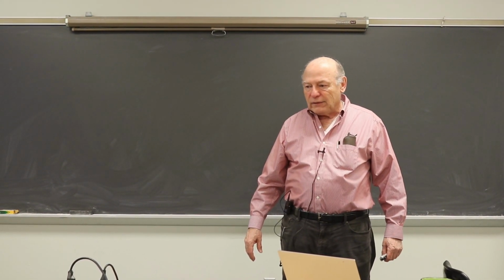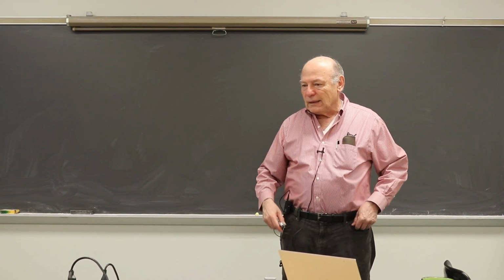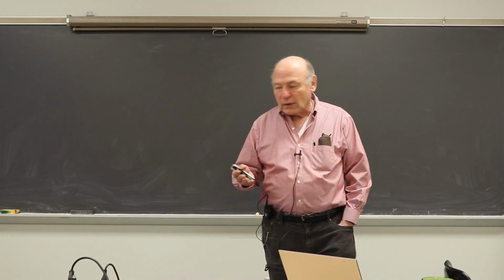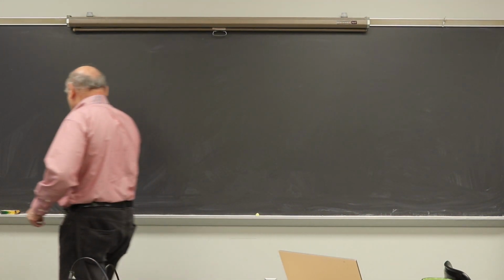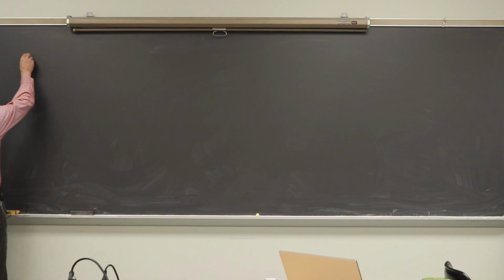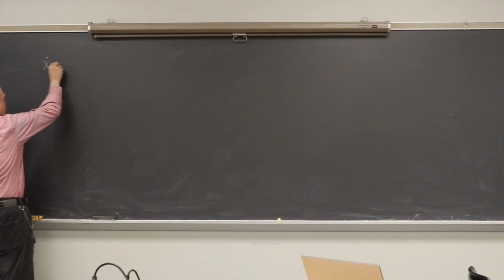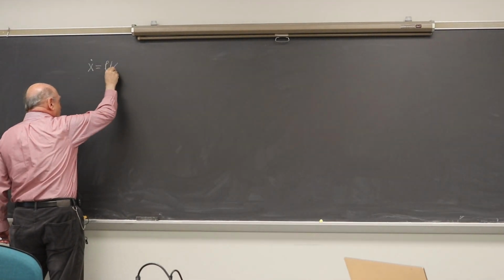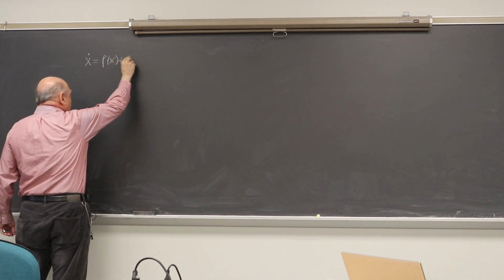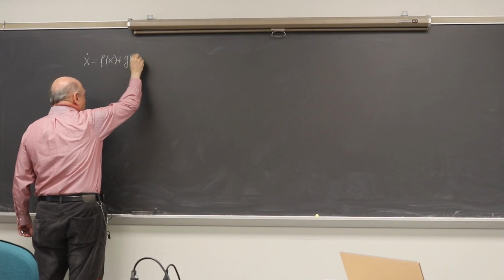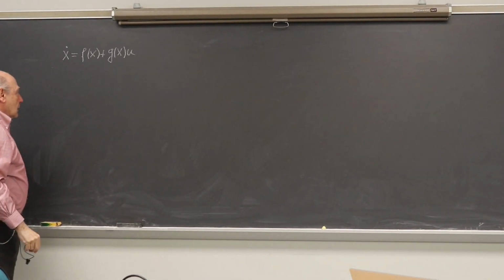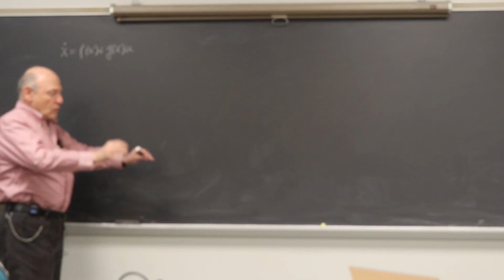Let's give a final statement about the structure of nonlinear systems controlled by two fields, or with the presence of two fields, one drift vector field and one control field. The drift vector field is supposed to drive the system when there is no control.